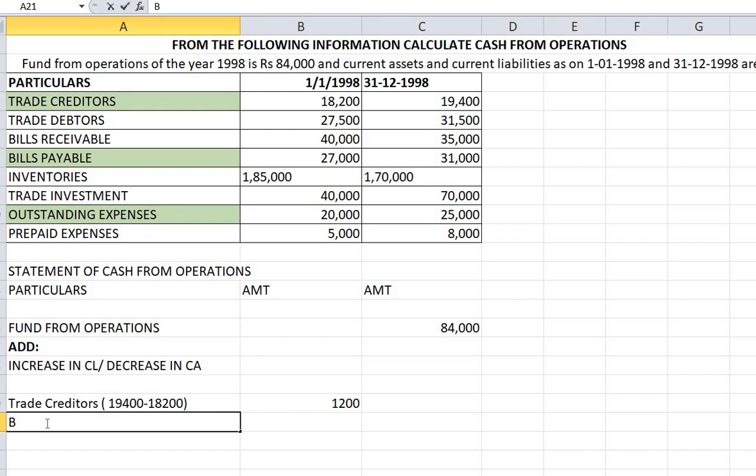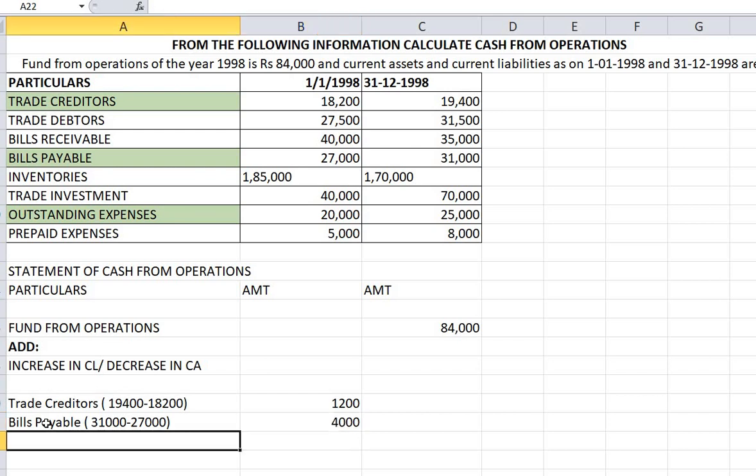So you write it as bills payable. How will you calculate it? 31,000 minus 27,000. So what is the amount you're getting? 4,000. That amount is posted in this column.